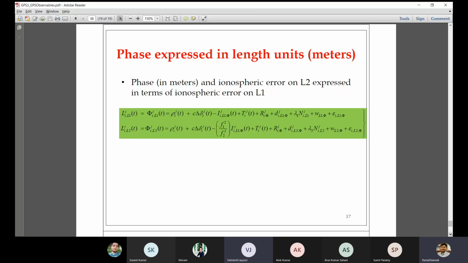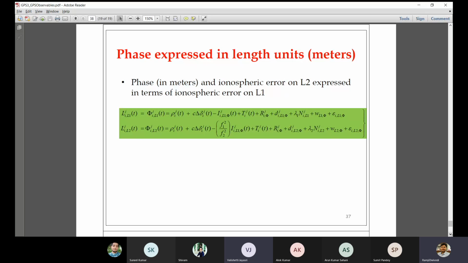So that equation becomes capital phi ij L1 t is equal to rho ij t plus c delta rho ij t minus the ionospheric term, plus the tropospheric term T ij, and the same for the other terms. So just focus on this equation. Let me again explain that this is the phase equation in terms of meters.